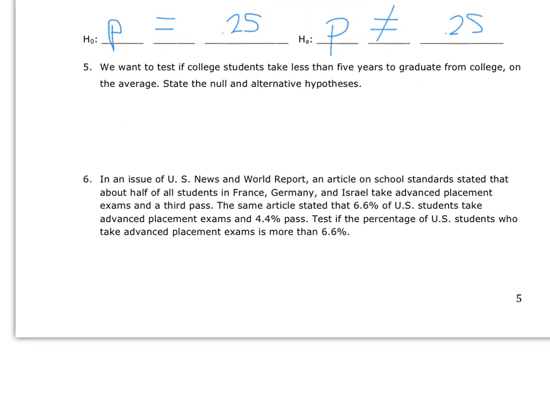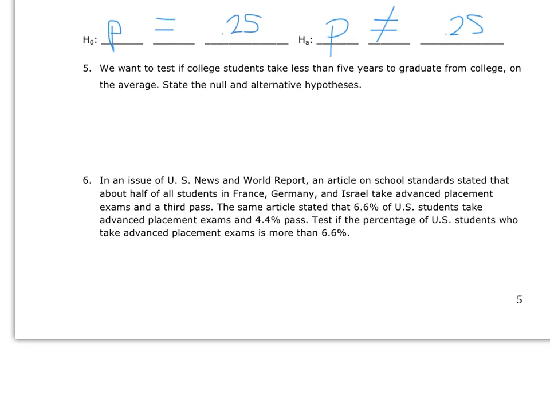Okay, number 5. We want to test if college students take less than 5 years to graduate from college on the average. State the null and alternate hypothesis. Okay, so here we want to set ourselves up. Here we have our null hypothesis, which we're going to fill in, and our alternate. This is about a mean, so we know it's going to be mu.